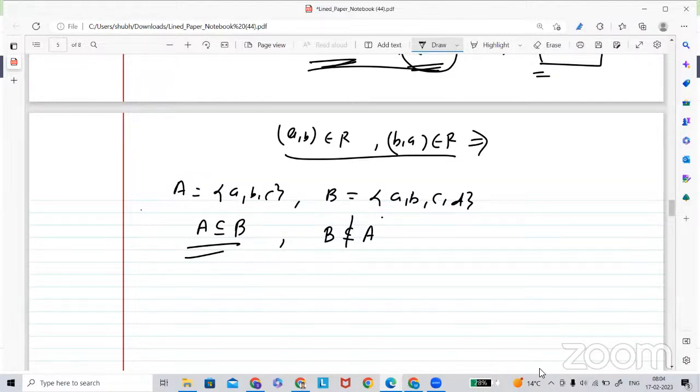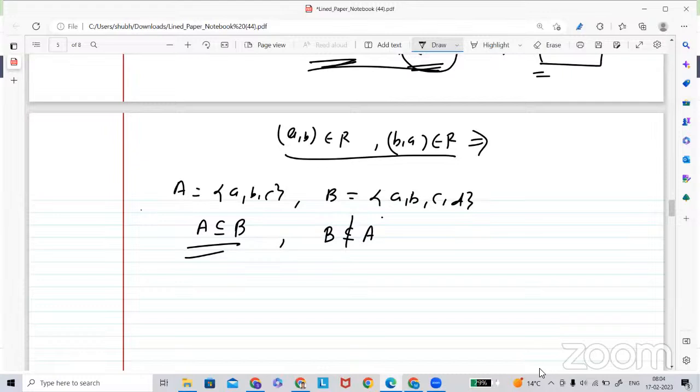And then I checked. When I wrote down all the pairs, I saw that AB and BA were both there. That's why I decided this is not antisymmetric, because what I learned is that if even a single one violates, then everything will be false.